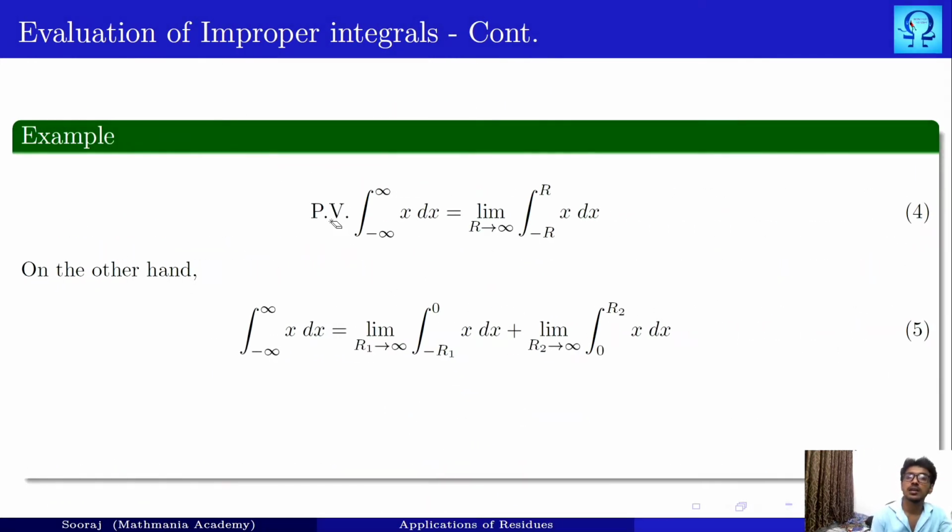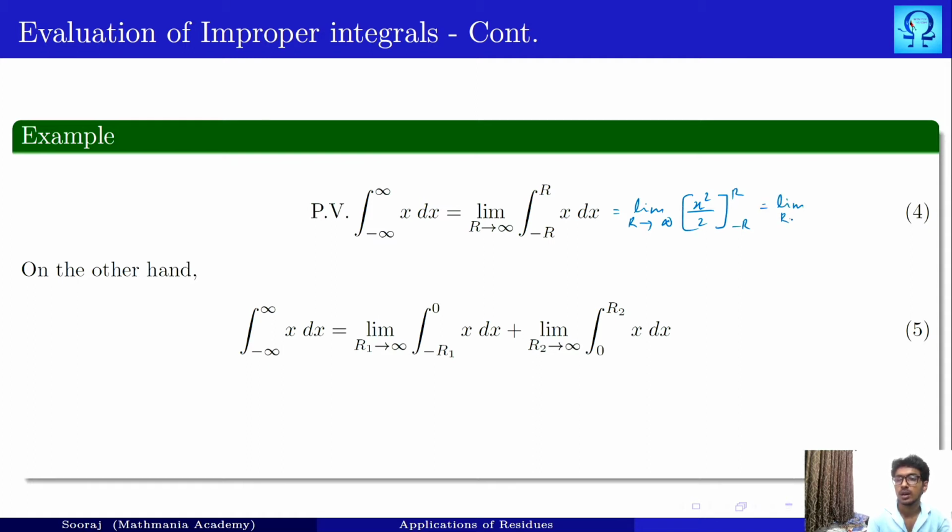Here if you just see, the principal value of this integral can be written in this form. Okay, now let us do it. Limit r approaches infinity, and if you integrate x, you get x squared upon 2, and this has to be evaluated over these limits, right?